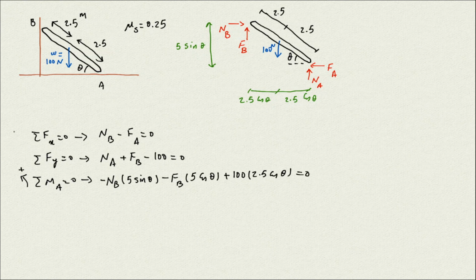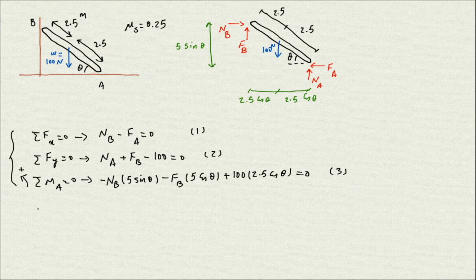So these are the three equations we can get from our equilibrium equations, one, two, three. Now, we know there are two more equations.